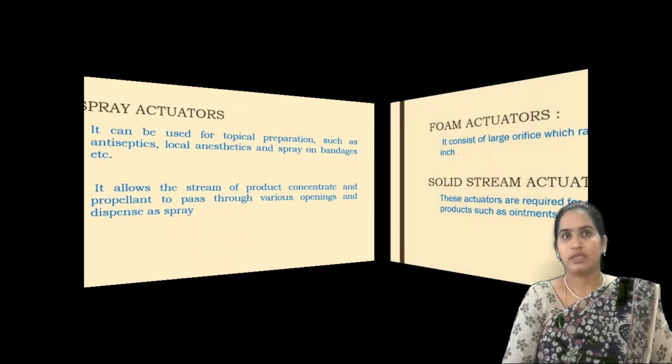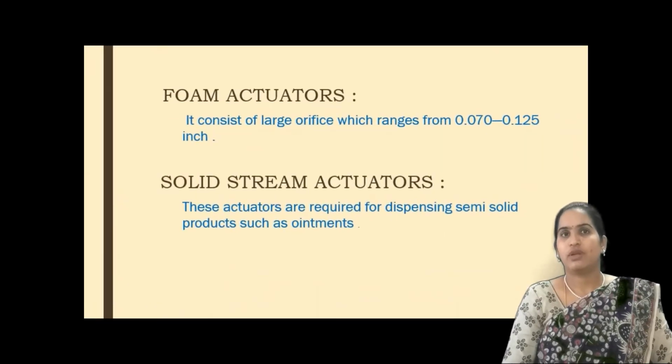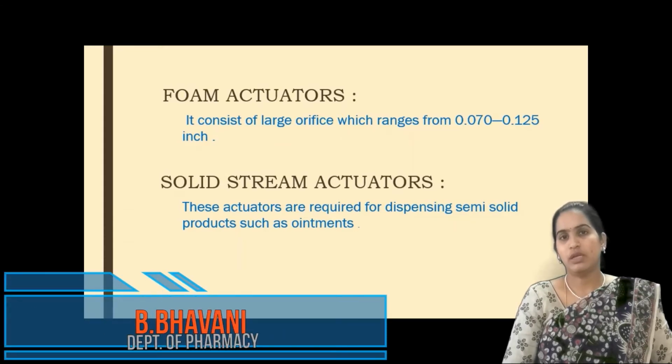Foam actuators consist of a large orifice which ranges from 0.070 to 0.125 inch in diameter, and these actuators deliver the product concentrate in the form of foam. Solid stream actuators are required for dispensing semi-solid products such as ointments, and these two types of actuators are also used for topical aerosol preparations.